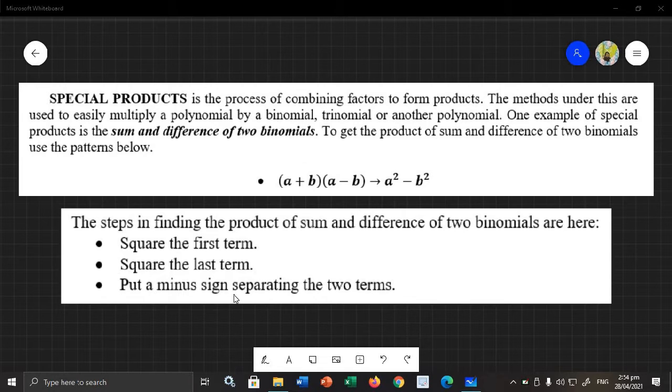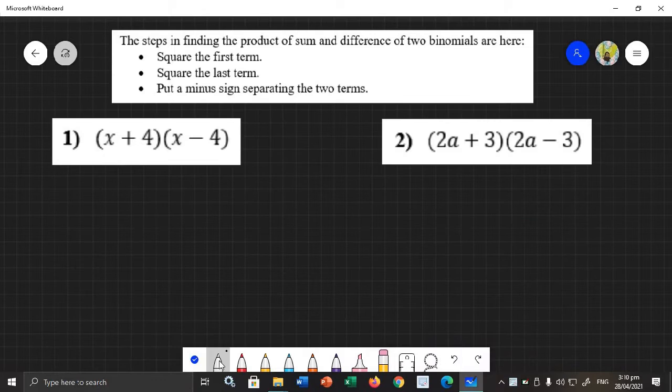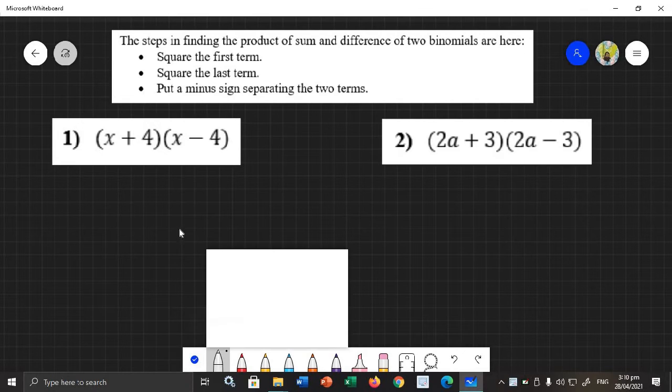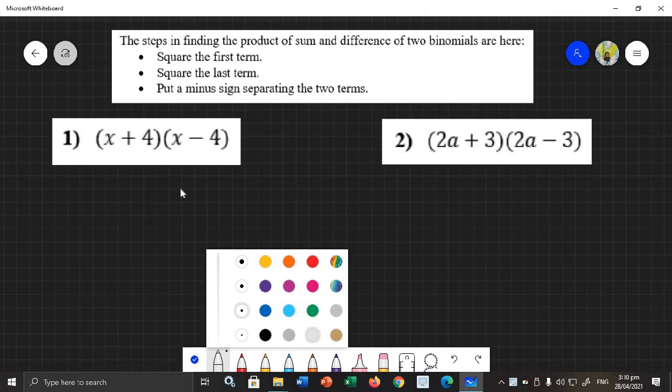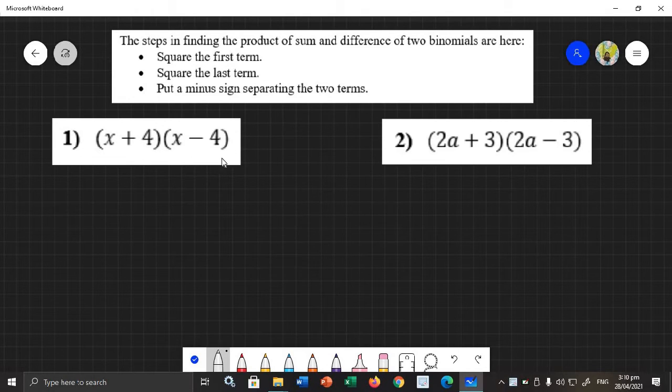Again, a reminder: the given binomials should have the same first terms and last terms, and they should be separated by a plus sign and a minus sign. That is why it is called the sum and difference of two binomials. To get the product of these expressions using the shortcut method, we should follow these steps.